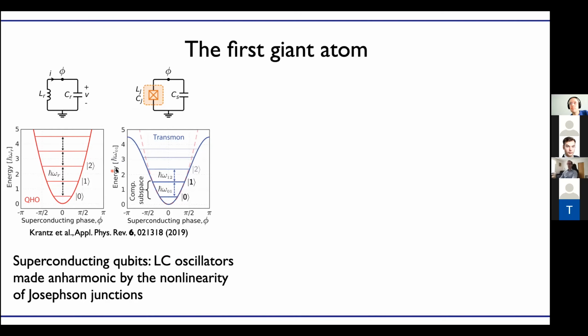To make them more like an atom, with differently spaced energy levels, it can't just be an LC circuit, because that's just a harmonic oscillator. It's too simple. So instead of the linear inductor, you have a Josephson junction or several Josephson junctions, and they act as a non-linear inductor. So you get an anharmonic oscillator with different transition energies from 0 to 1 and from 1 to 2.